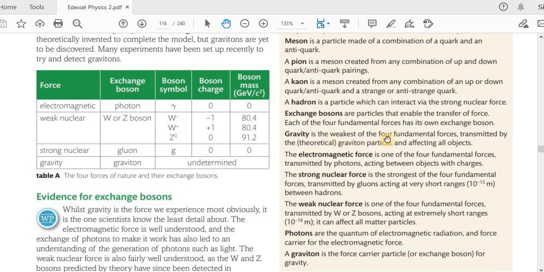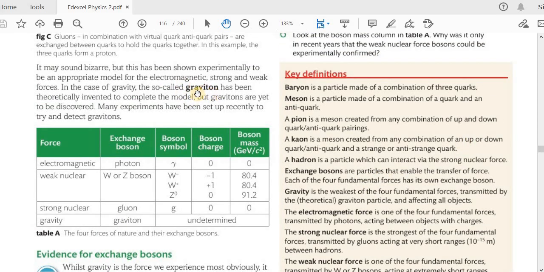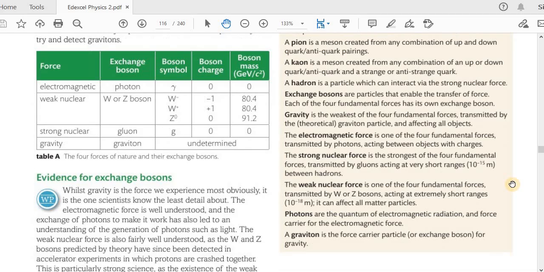Gravity is the weakest of the 4 fundamental forces, transmitted by the theoretical graviton particle and affecting all objects. See, graviton, affecting all objects. The electromagnetic force is one of the 4 fundamental forces, transmitted by photons, acting between objects with charges.